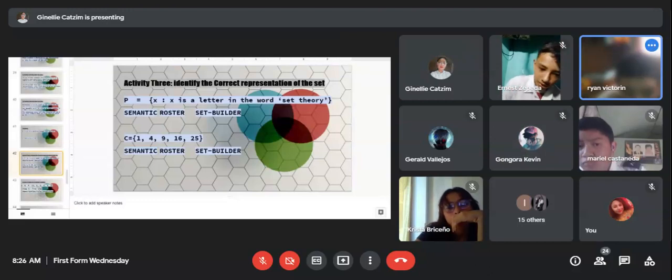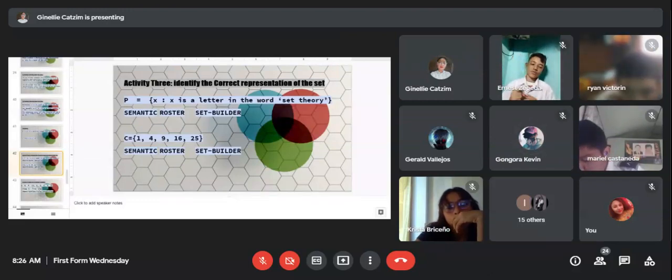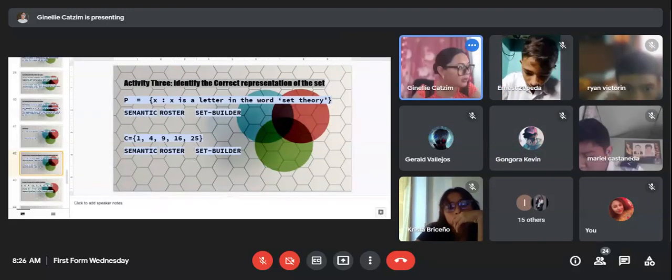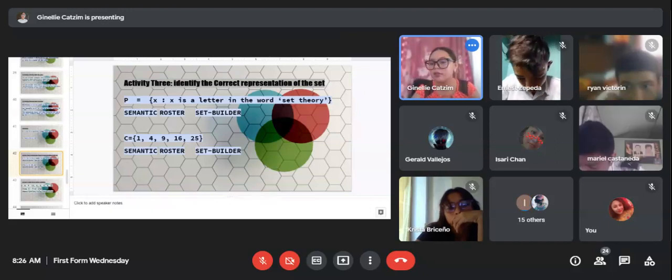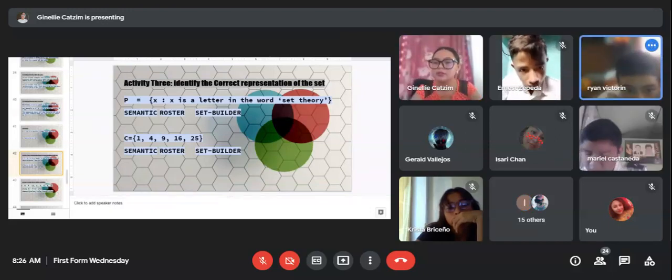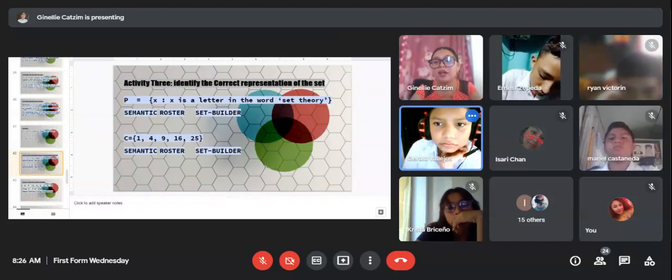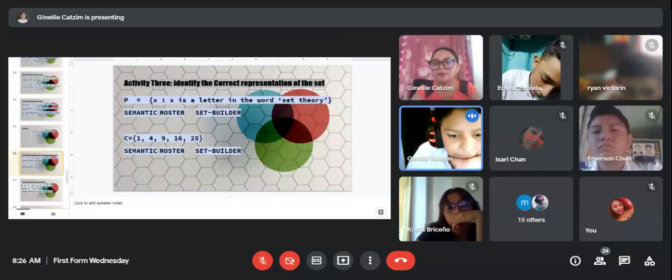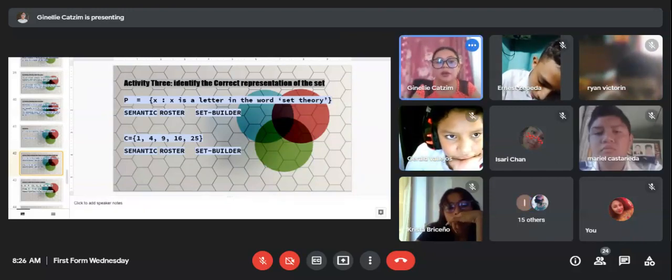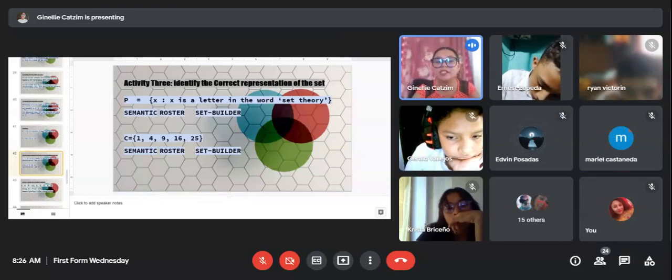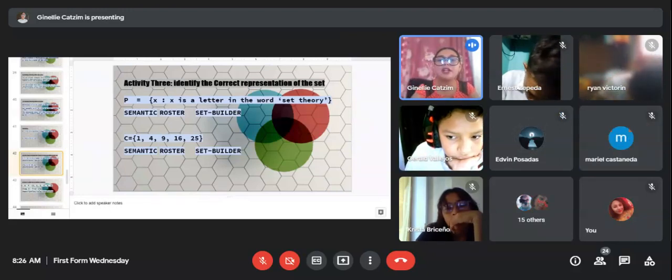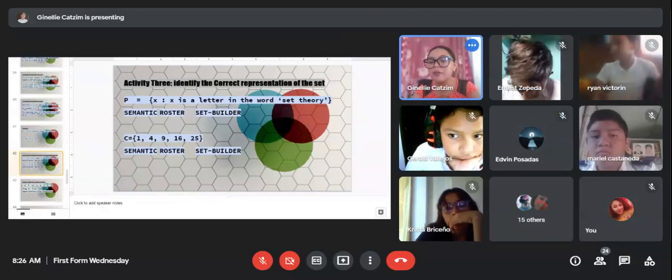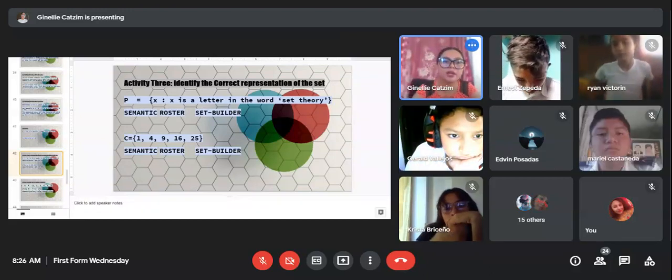Roster, right? Why? Because we have the name of the set and the elements are listed there, separated by commas and enclosed in curly brackets.